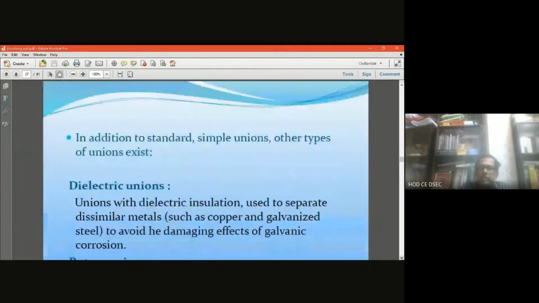In addition to standard simple unions, other types of unions exist. Dielectric unions, what are they?